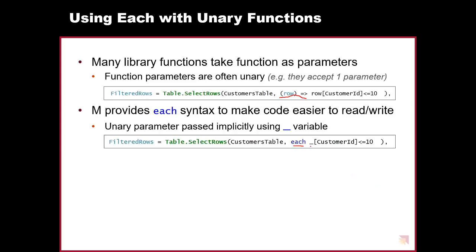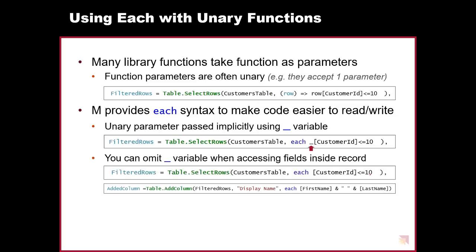And then down here, I have the underscore, because that is the row, which is basically the record, and now I take a field out of that. Note that while you can use that underscore if you're enumerating through records, you can also just omit that underscore. Notice that with the underscore or without it, it works fine.